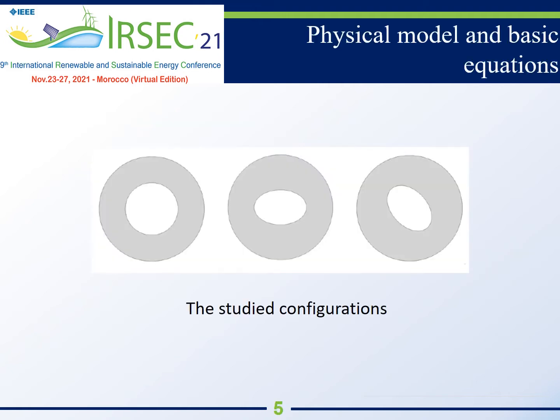The physical model is shown in the following figure, where the shape of the shell is assumed to be circular while the central tube is assumed to be circular or elliptical, and can be oriented vertically or inclined at a 45 degree angle, which leads to three different heat exchangers.